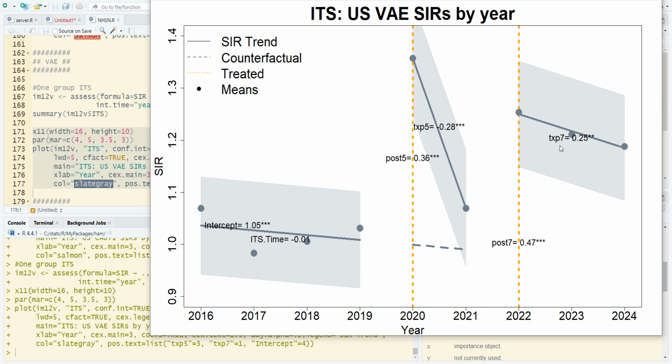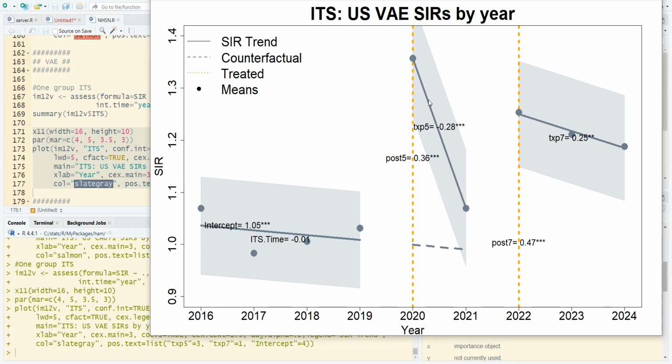So you might expect that TXP7 has a negative value, instead it has 0.25, and the reason why we have a positive value of 0.25 is because we're comparing the trend after 2022 versus the trend starting in 2020. The reason is that although this trend is going downwards, it's not going down as steep as what we saw in the middle period, between 2020 and 2021.